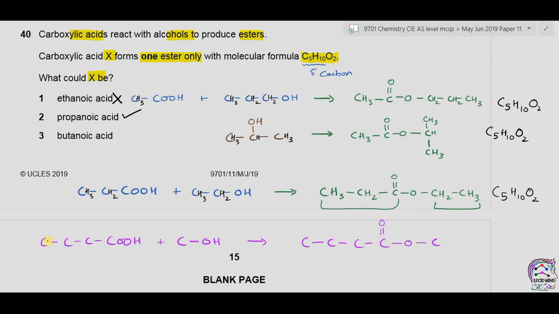The rest are the hydrogen atoms. The molecular formula of the product is C5H10O2. So 3 is also correct. The answer is therefore C.